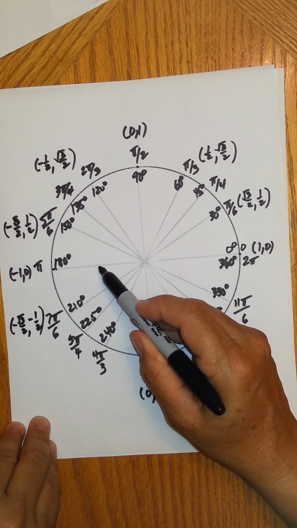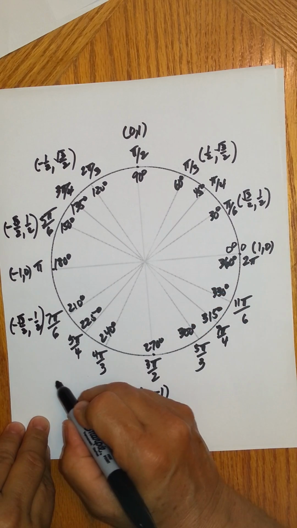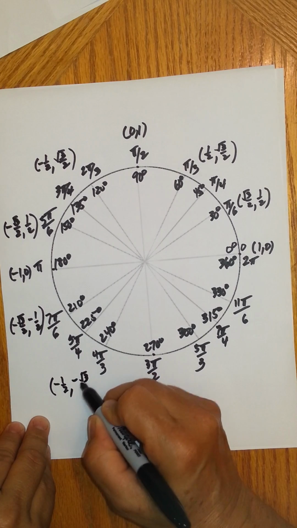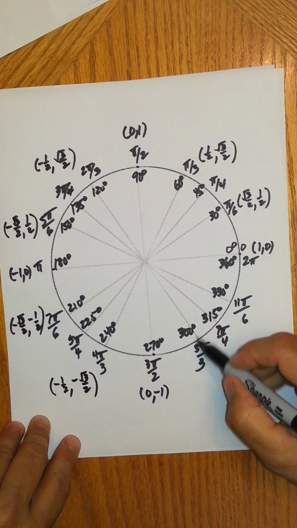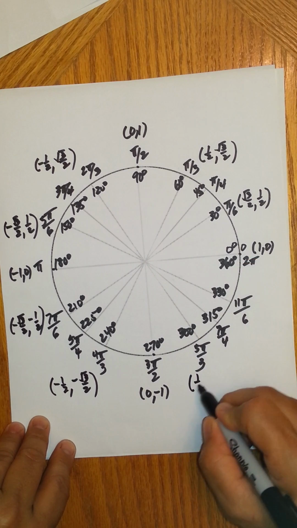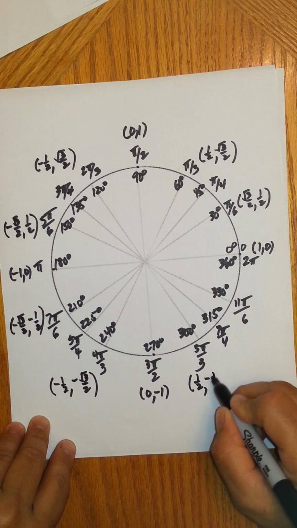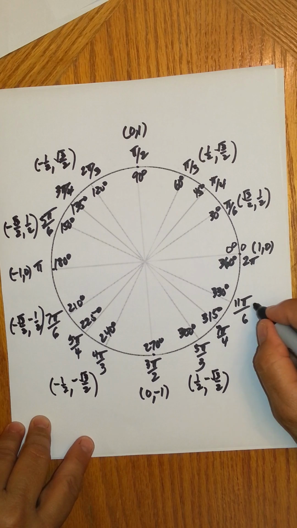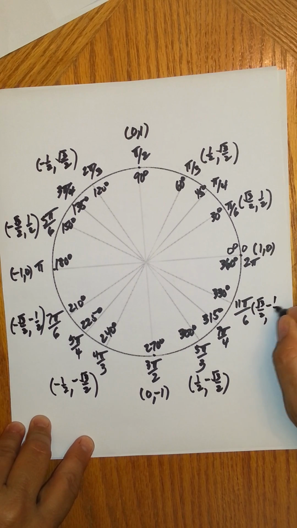So I go over a little and down a lot. Okay. Here I'm going to go over a little but positive and down a lot. So this is going to be a half and negative square root 3 over 2. Okay. Finally, 11 pi over 6 is over a lot, positive, and down a little bit, negative. So square root 3 over 2, negative a half.